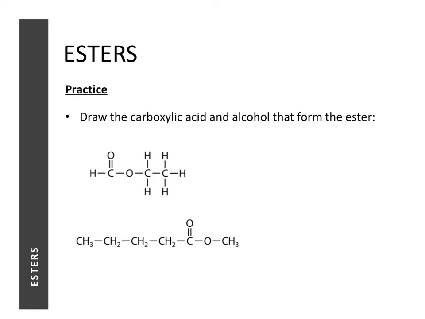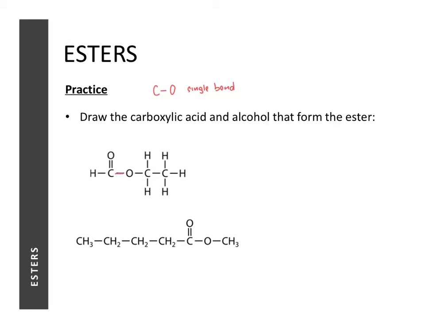Now the key to solving such a question again is to find the bond that was formed between your acid and your alcohol when it forms an ester. And the bond that's formed is your CO single bond. So look for your CO single bond in the ester. If you can't, just locate the ester functional group first, and then after that find the CO single bond.